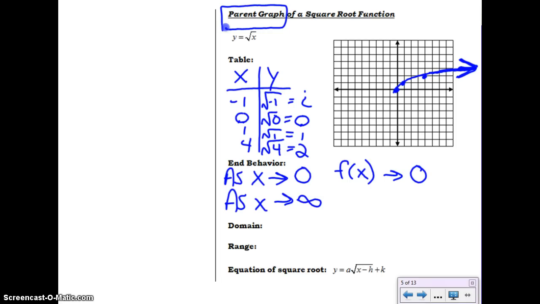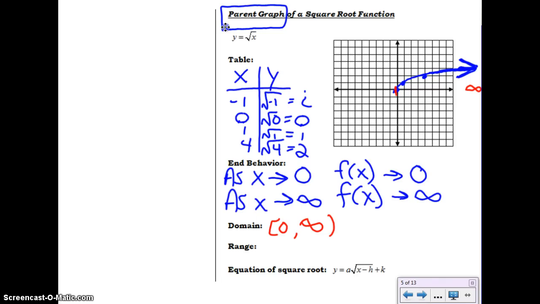So as x goes to infinity, my f of x is also going to infinity. Let's talk about domain for a moment. I'm going to put domain in red. My domain would mean I'm starting here, and that I'm ending going to the right, so I'm going to infinity. So that means my domain starts at 0 and goes to infinity.